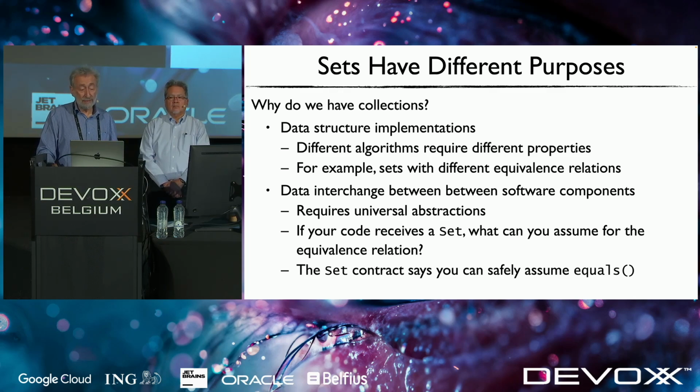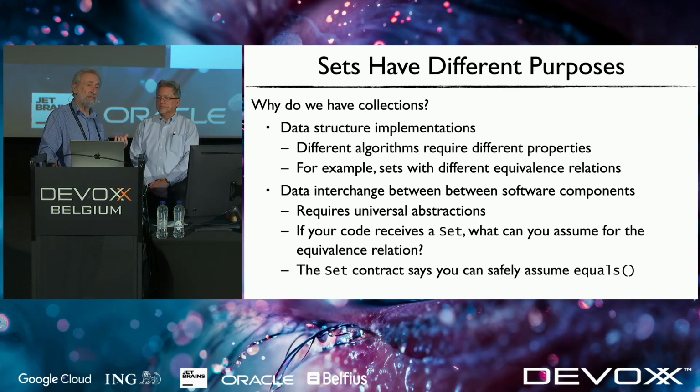the set contract. The set contract says you can safely assume equals. Well, you can't safely assume it, but a good way of constructing large software systems would be to say, if we've got one of these sets that has an equivalence relation that is incompatible with equals, then probably the best thing to do is to keep it to yourself. I mean, it belongs in a class.